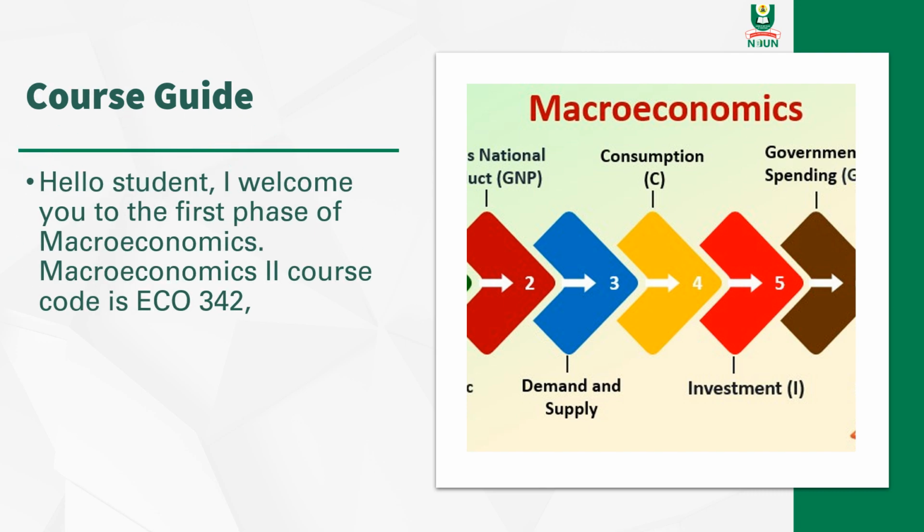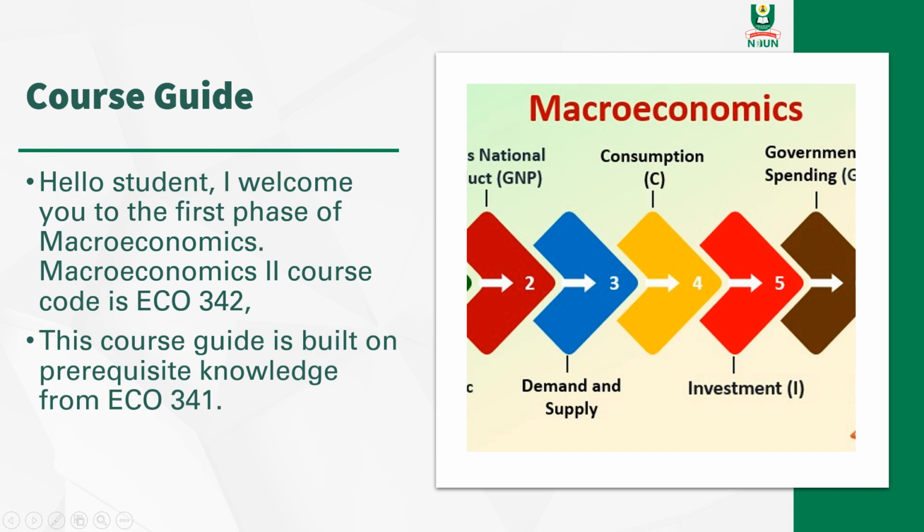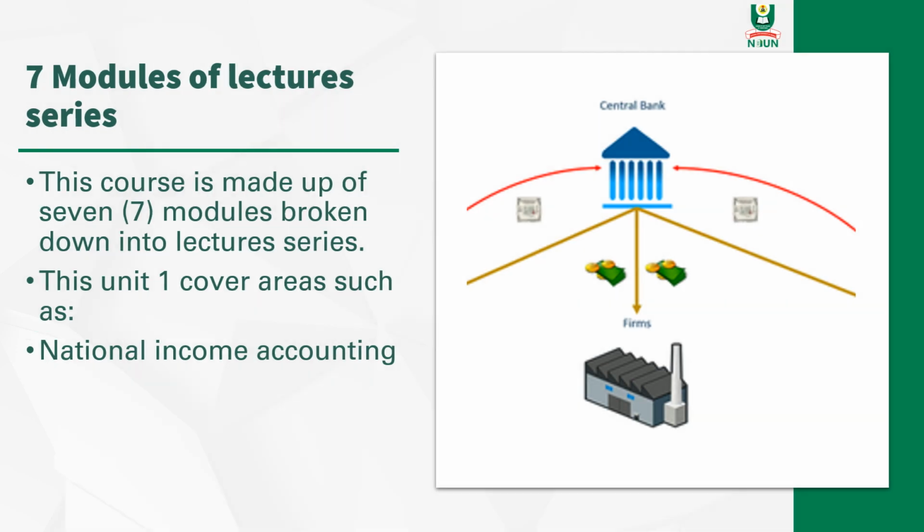Let's look at the course guide. The course guide for Echo 342, which is the second phase of macroeconomics theory, is a prerequisite course to Echo 341, which is macroeconomics theory 1, the first phase of the macroeconomics theory class.